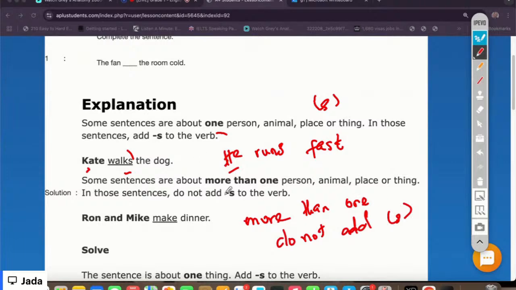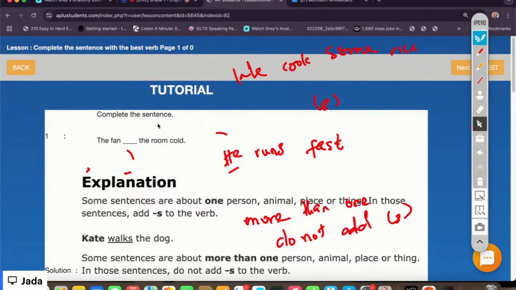If it's in the plural form, you don't add s, just like Ron and Mike make dinner, or we cook some rice. In this lesson we have to choose the right verb that is suited for the sentence. Remember that you use s in a verb when it's referring to one person, and if it's in plural form, more than one, you do not add s to the verb.